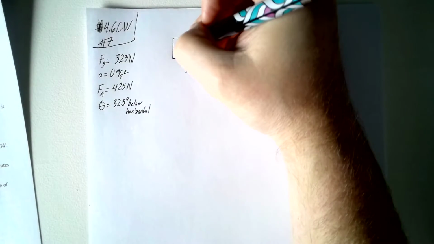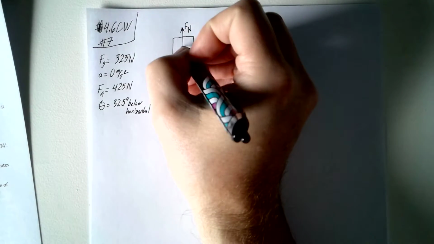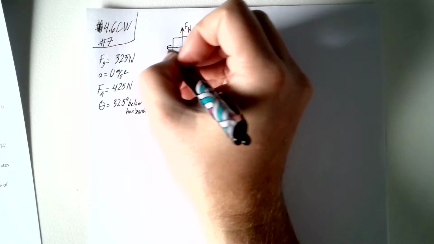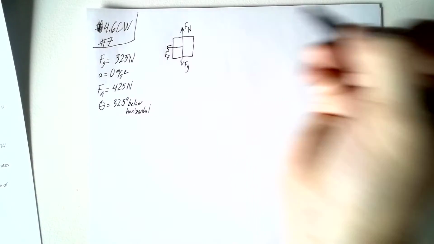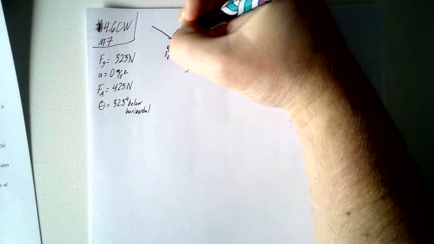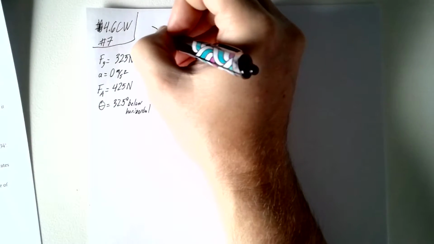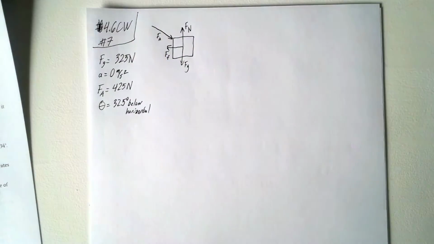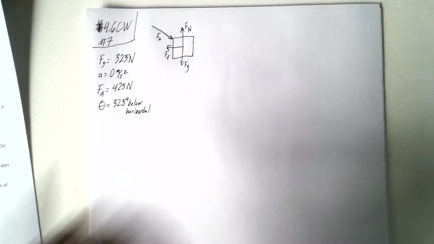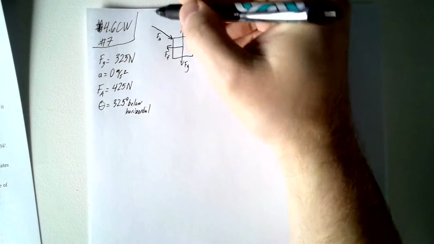Fg is acting down, Fn acting up, and we know there's a frictional force acting against it, and our applied force here is up here. So this is our Fa. The angle that we're talking about, sorry, is below the horizontal.